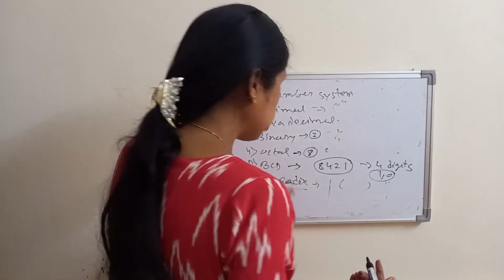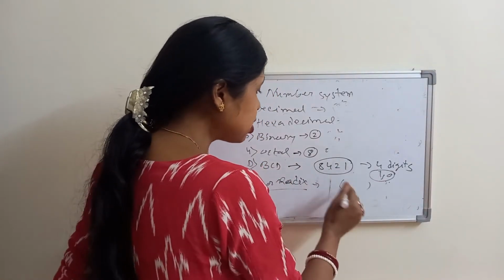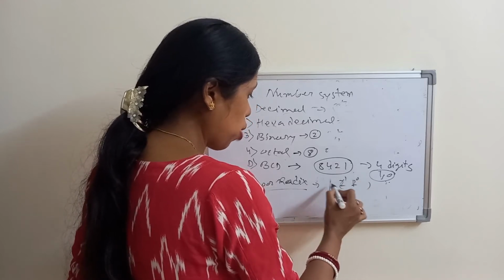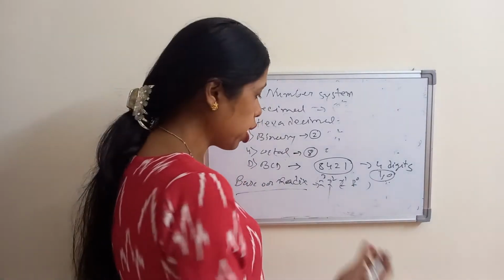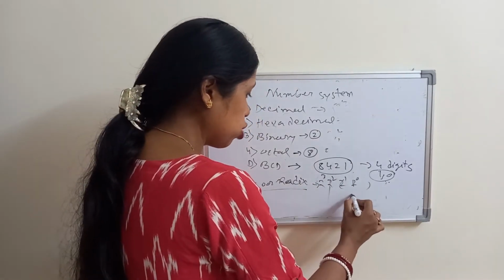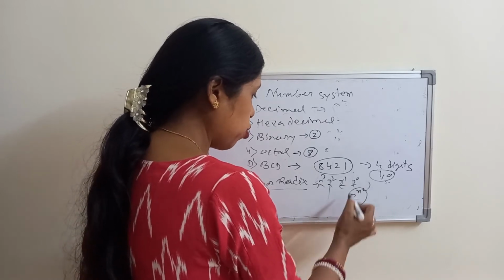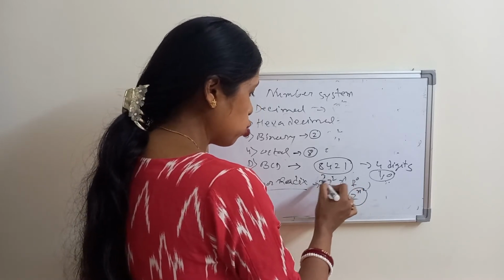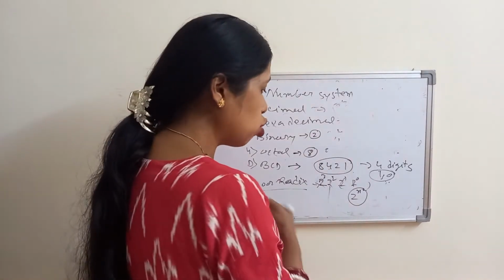But there is a format, the 8421 format. These are the weights: 2 to the power 0, 2 to the power 1, 2 to the power 2, 2 to the power 3. This is called the weightage. After 2 to the power 3, 2 to the power 4 will appear, but that will not be considered.